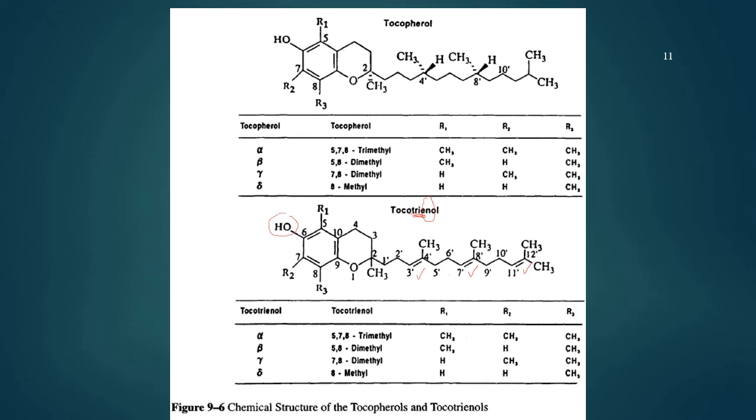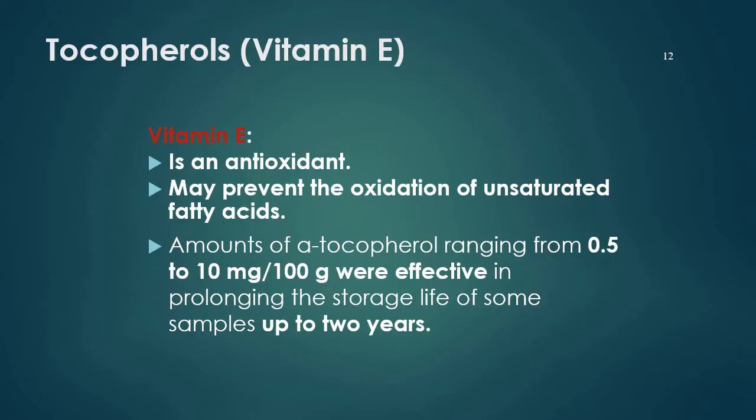Now alpha tocotrienol also has all methyl groups at carbon number 5, 7, and 8, while beta is at carbon number 5 and 8, gamma is at carbon number 7 and 8, and delta is only at carbon 8.